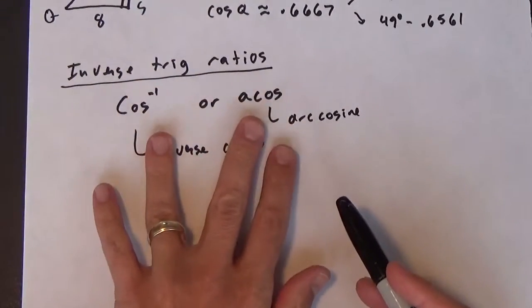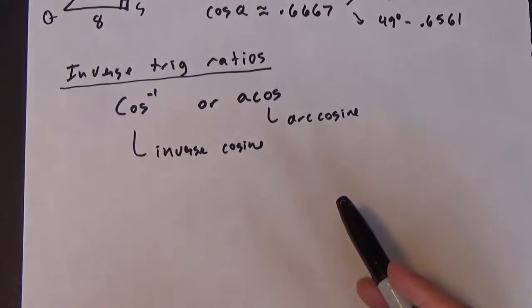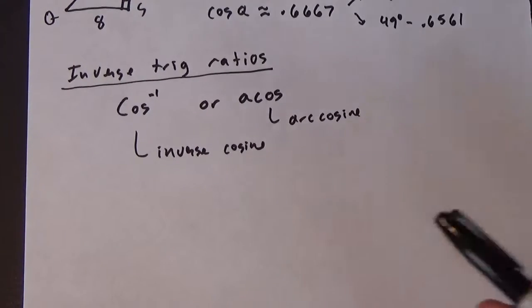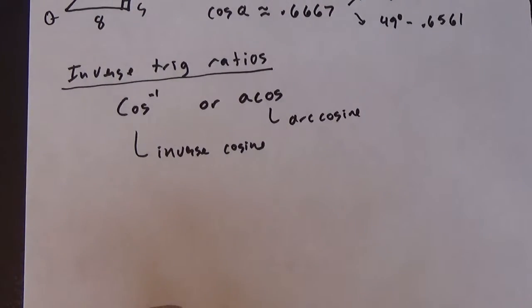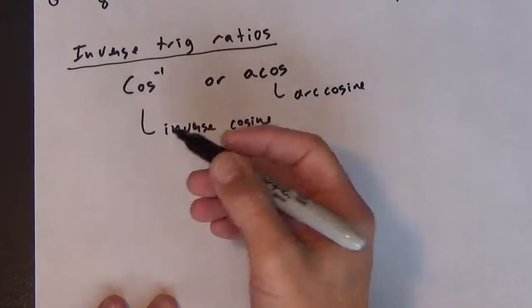We'll talk a little bit later on in the course about what these actually mean. But for right now, it's good enough to just think of it as, instead of having an angle and going to the ratio, we have a ratio and we want to go to the angle. Now, the sine and the tangent have the same thing.